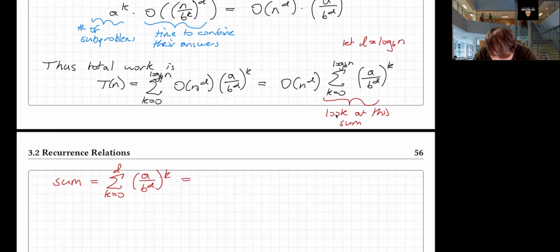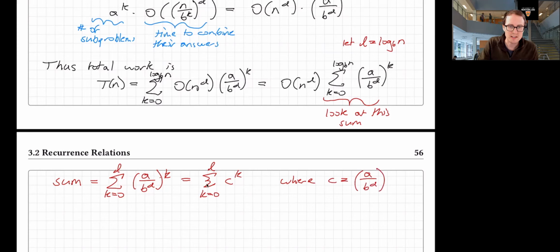I can rewrite that as the sum from k equals 0 to L of c to the power of k, where c is equal to a over b to the power of d.